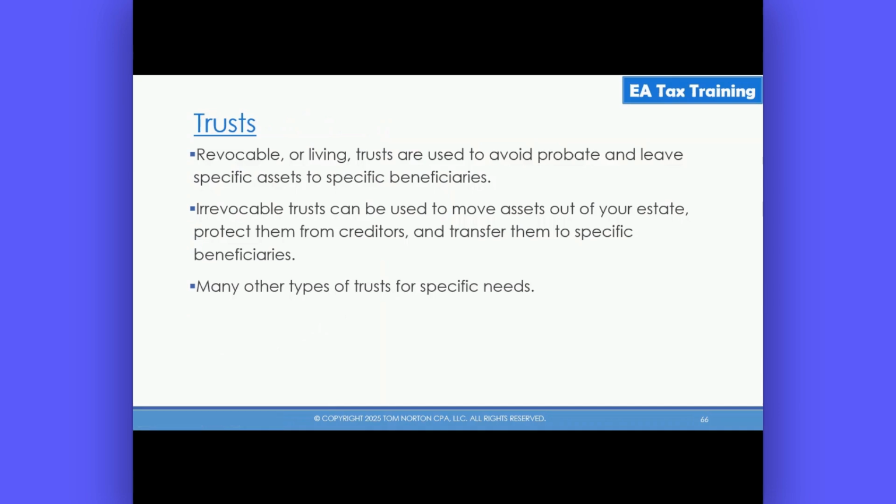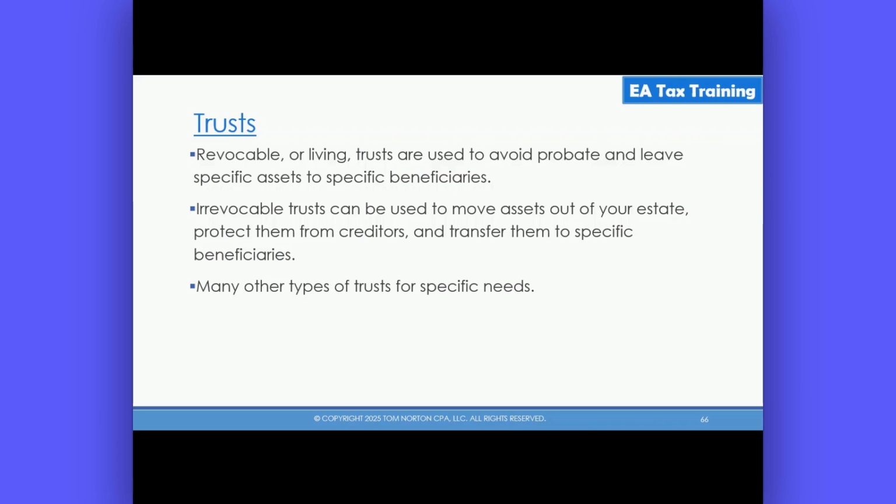Trusts. There are many different kinds of trusts. One basic way to break them down is between being revocable and irrevocable, however you want to pronounce it. So, a revocable trust is sometimes called a living trust. You may be familiar with this. You set up a trust, you have to go to a lawyer and you get it all written up.